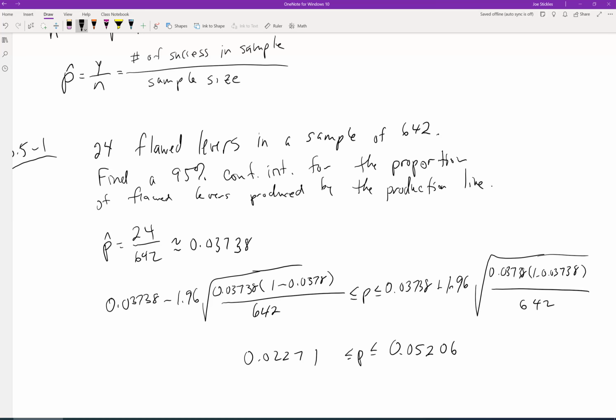Now it turns out that for proportions, this is not the only way to get a confidence interval. There's another method that we could use to find a confidence interval that will make these numbers slightly different. So notice I wrote in the directions, find a 95% confidence interval for the proportion. The actual problem in the book says find an approximate 95% confidence interval.